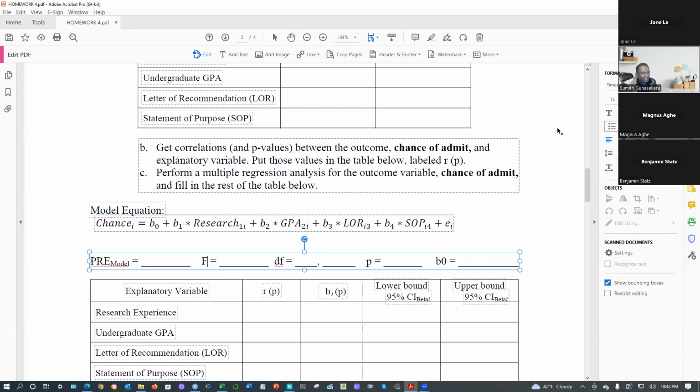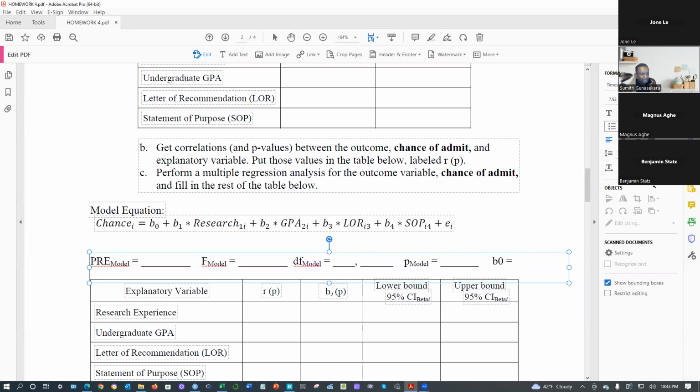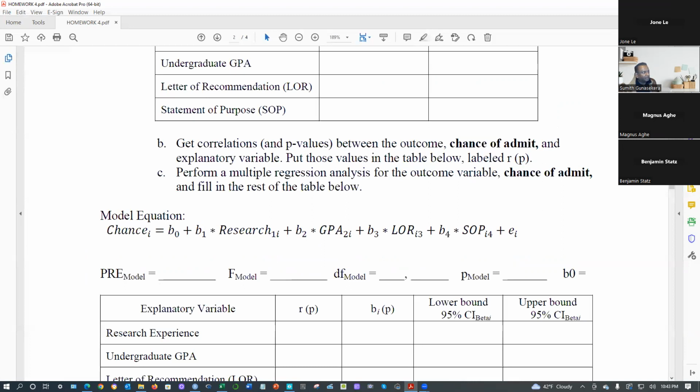Again, F for model, degrees of freedom for model, and p-value for model. There are so many p-values. B naught is okay. P for the model, the B naught value we can put.